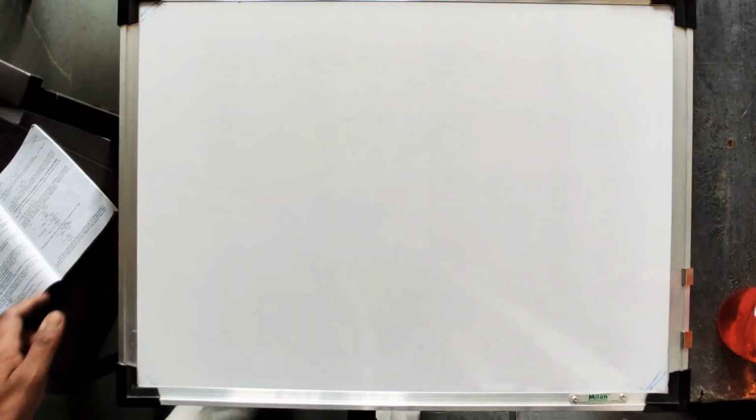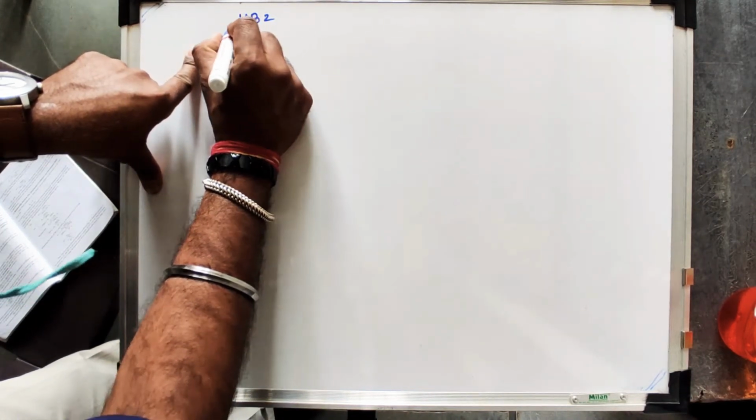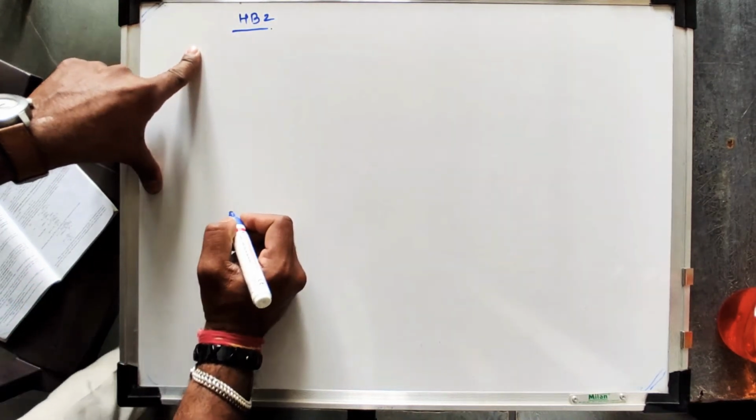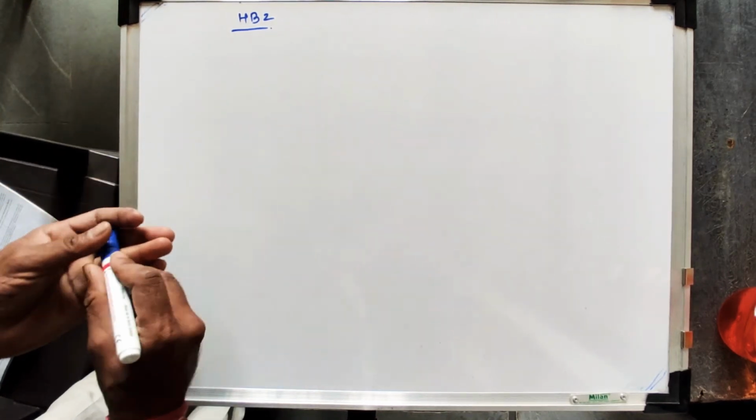To understand the relationship between them, we have to consider an example. Taking the example of benzoic acid, I write here the short form of benzoic acid as HBz.